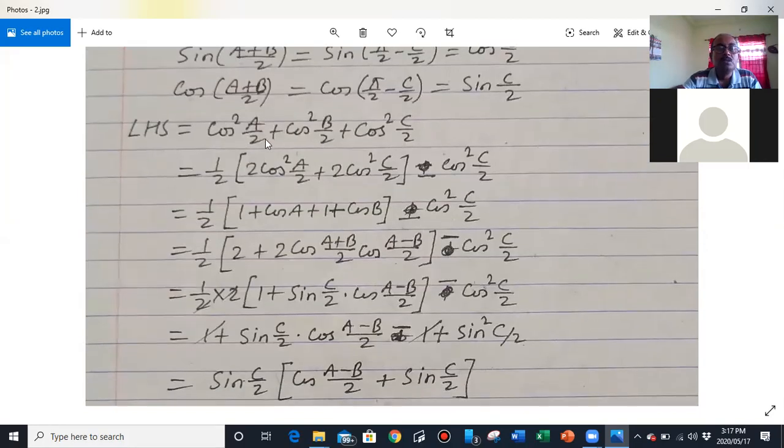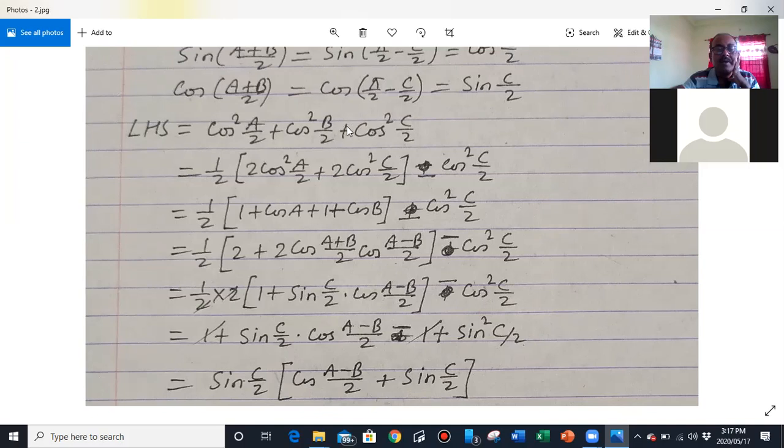Now, LHS cos square a by 2 plus cos square b by 2 minus cos square c by 2. So again you make a group of 2, 1 by 2 into 2 cos square a by 2 plus 2 cos square b by 2.